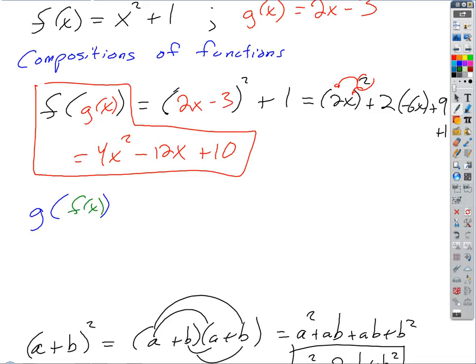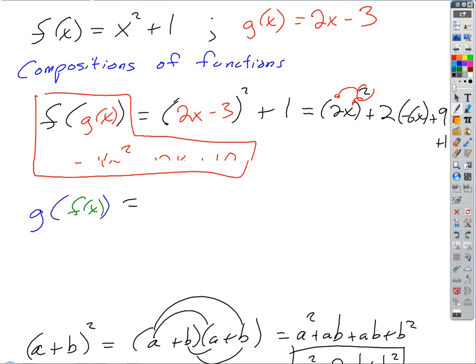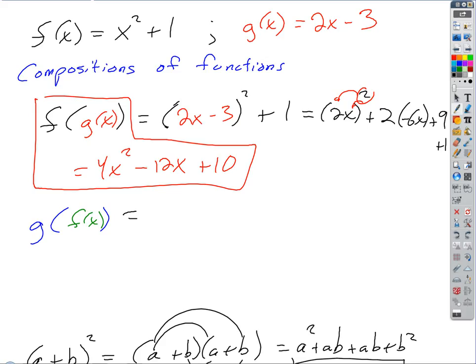Okay. What do you suppose that's going to be then? Yeah, okay, good, because now g of x, if I put something in, g of hand is just 2 times hand minus 3, right? Well, if hand is f of x, then I'm just going to follow that pattern with f of x, right?